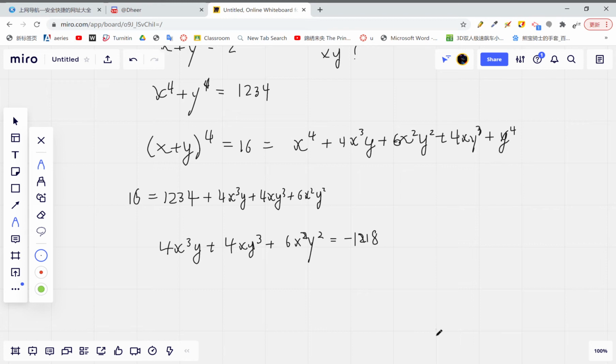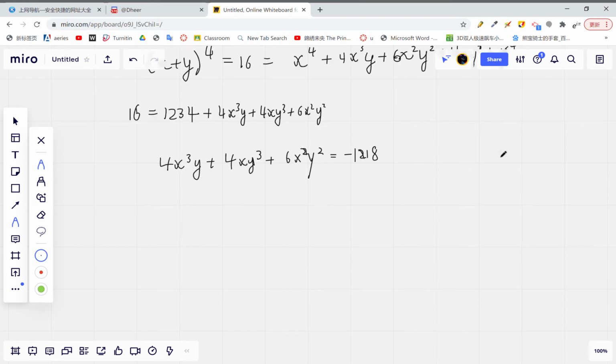So we're going to play around with this. Now we have the key realization that x plus y squared is equal to x squared plus y squared plus 2xy. Okay, so we'll just use it.